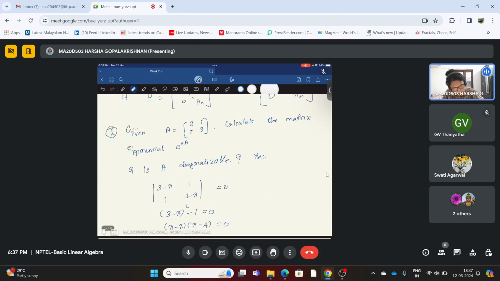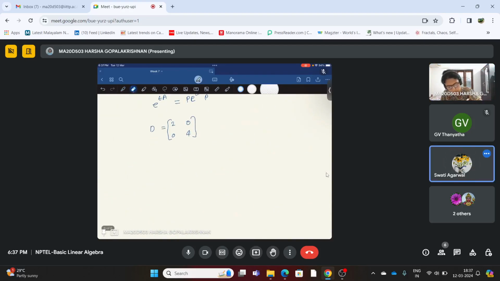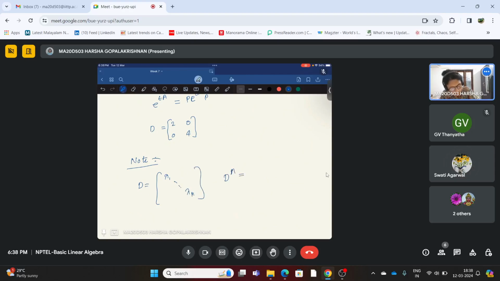One thing I need to say before that: if D is diag(lambda 1, ..., lambda n), we have already seen that D power k is diag(lambda 1 power k, ..., lambda n power k).